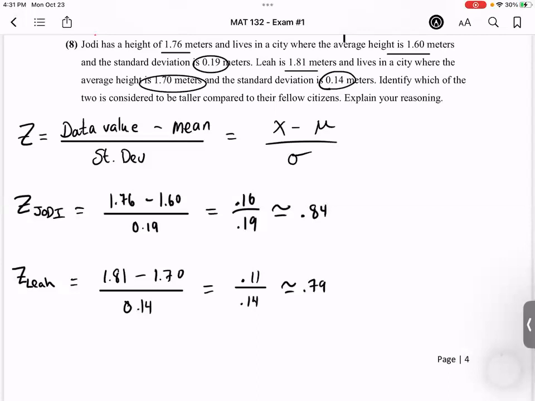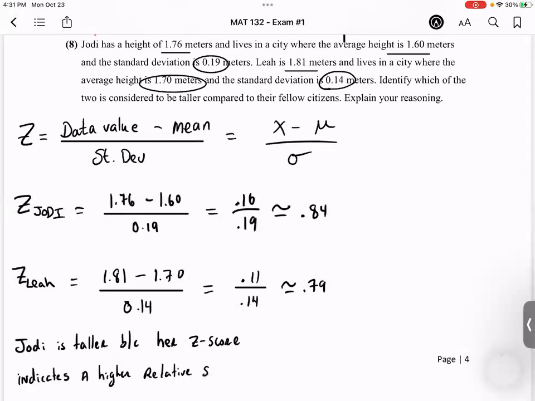So we say Jody is taller because her z-score indicates a higher relative standing compared to Leah.